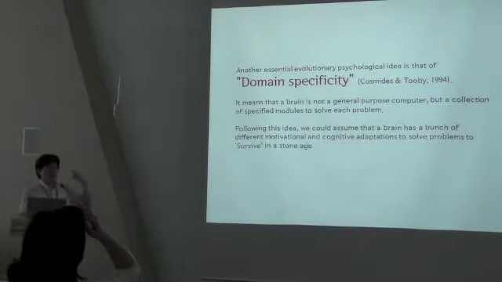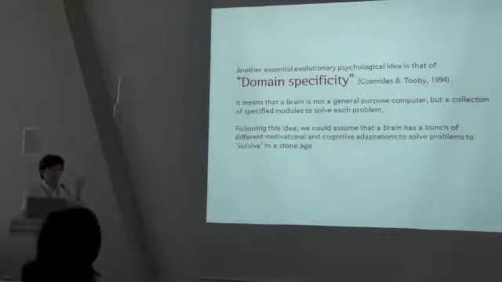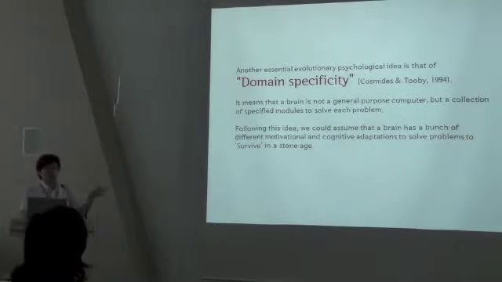If humans had a general purpose computer, we could solve each problem. But if we take as a prerequisite that humans have separate modules to solve finding mates and avoiding falling in love with relatives, sisters and brothers, it makes sense. And that's domain specificity.